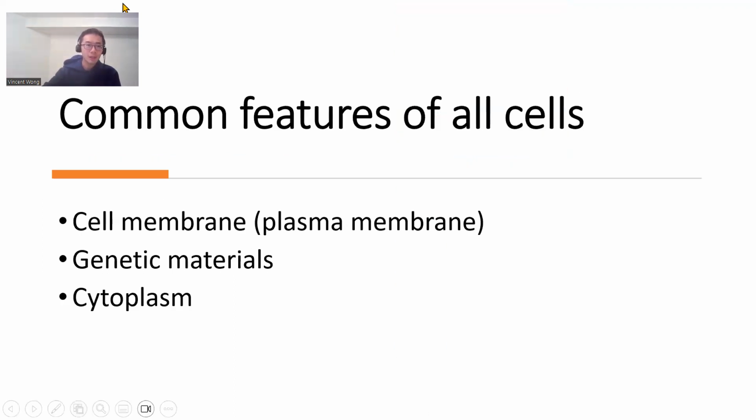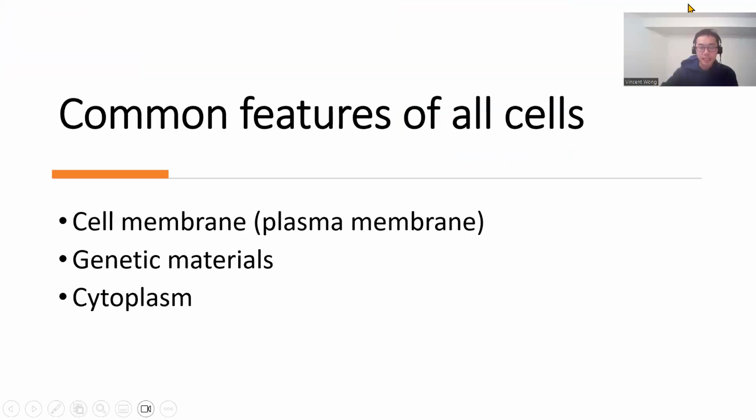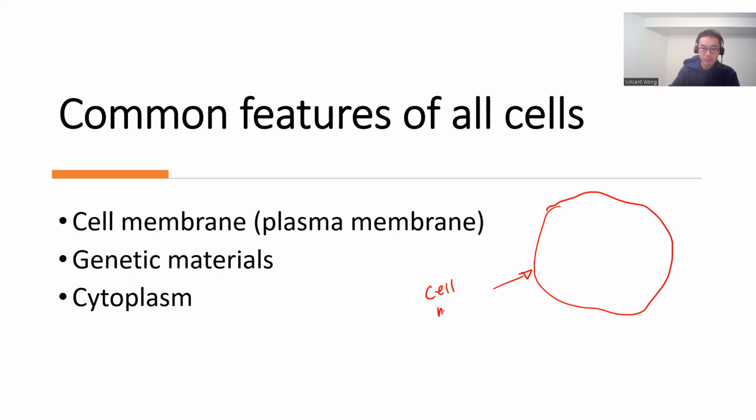Now, even though the cells look very different, they all have common features. Here are 3 common features of all cells. They all have a cell membrane, which is also known as a plasma membrane. If you think of a cell, that's what this is. This is a cell membrane.